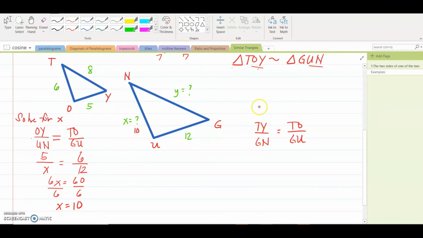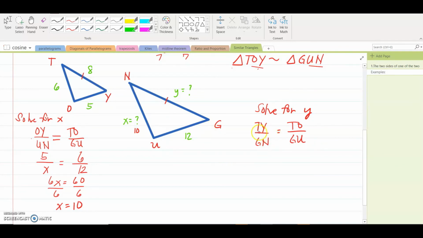Next, to solve for y, we're going to relate the first triangle, side TY, to the unknown variable y, which is GN.